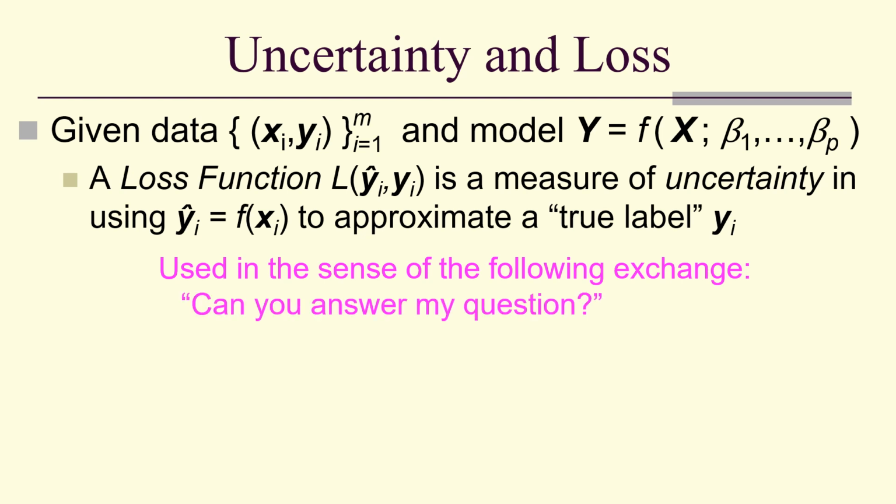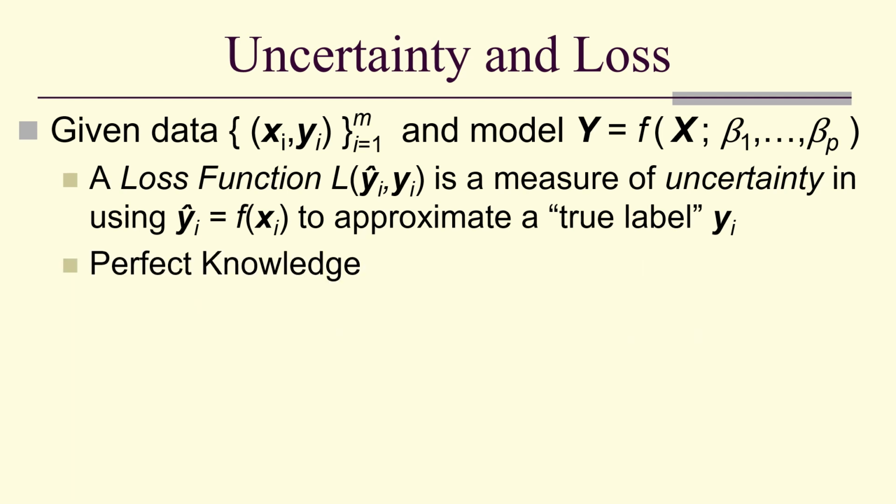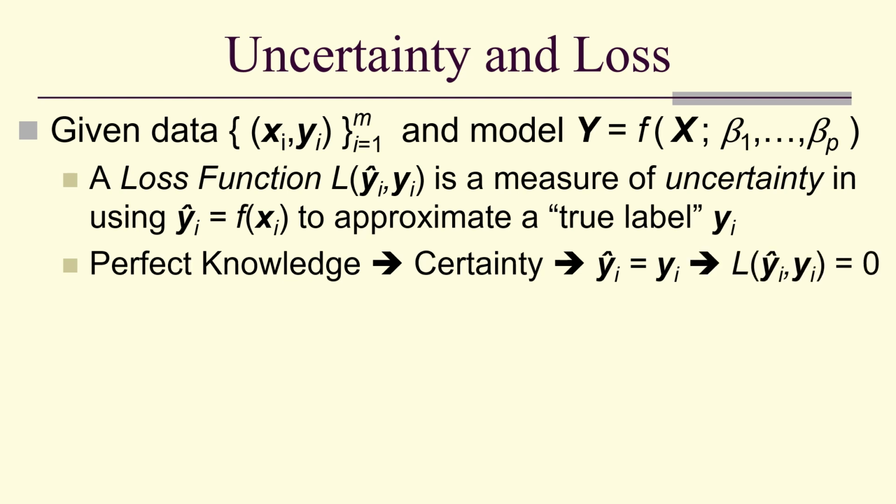Can you answer my question? No, I am at a loss as to how to respond. So this is what we mean by loss: how much we deviate from perfect knowledge. Perfect knowledge is certainty. Certainty is that y hat sub i is always equal to y sub i. In other words, the loss would be 0.